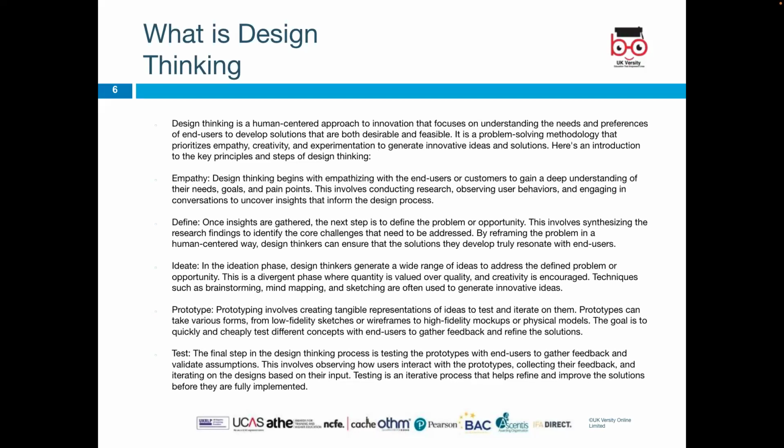Techniques such as brainstorming, mind mapping, and sketching are often used to generate innovative ideas. So literally almost every tech startup went through this by brainstorming, having a note, and having a sketch of the product they want.